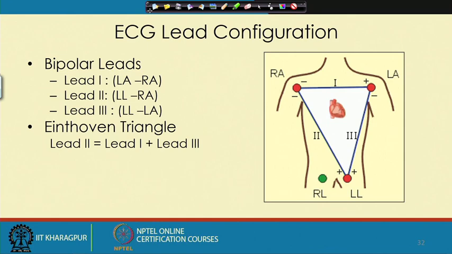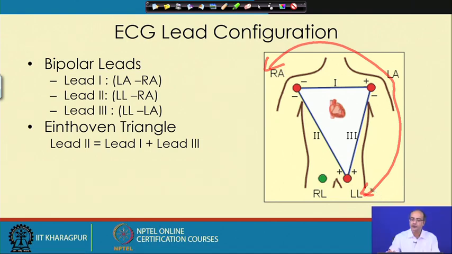Next comes the lead 2 configuration, where we take it from the left leg to right arm. So, you can take diagonally opposite these 2 electrodes, from there it is taken, and lead 2 configuration is the one that we have used earlier for the explanation.